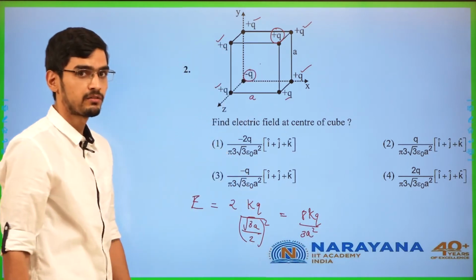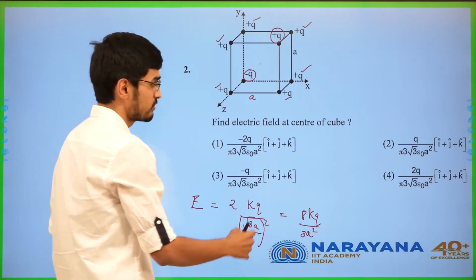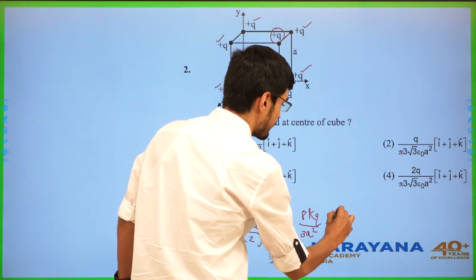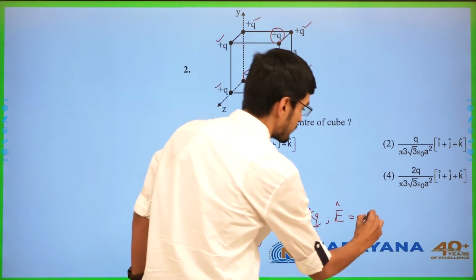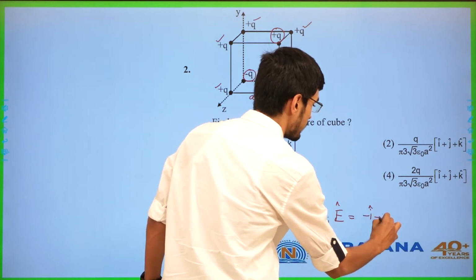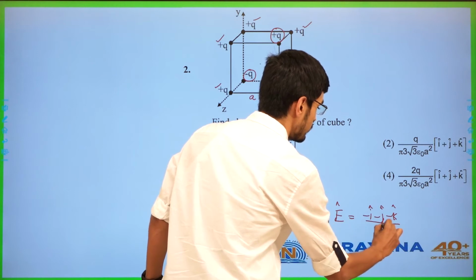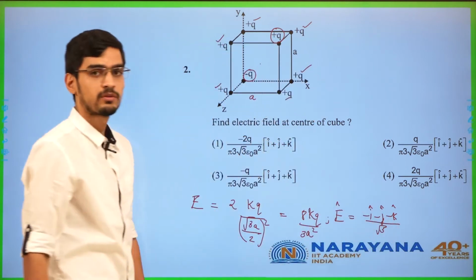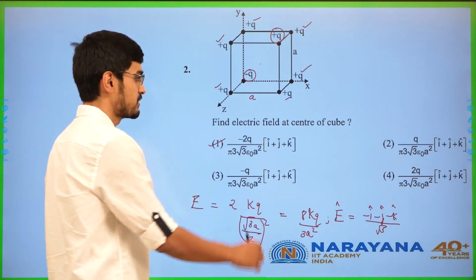This is the magnitude of the field, and the direction is along the body diagonal towards the origin. So the unit vector along the electric field is going to be minus i cap minus j cap minus k cap divided by root 3. So we can multiply both of them to get the total electric field, and when we do that, the first option is what we are going to get.